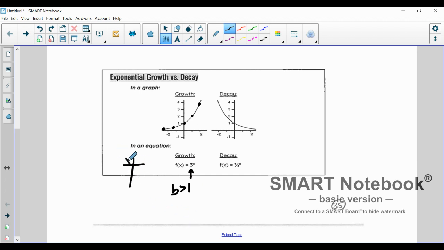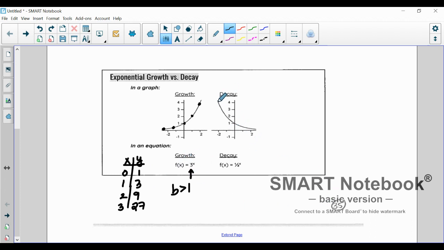Because if we think about it, when x is 0, y is 1. Then when 3 is raised to the power of 1, it's 3. When x is 2, it's 9. And when x is 3, it's 27. These numbers are rapidly increasing because we're continually multiplying by 3.